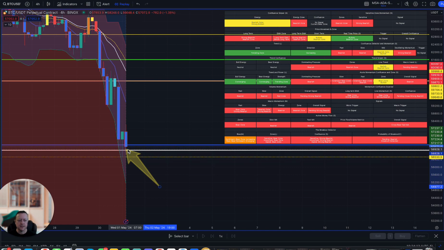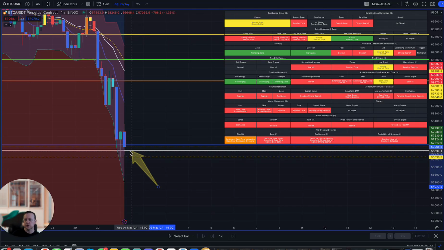Do I think that Bitcoin's going to go down to 49 or whatever the case is? And is it worth it to be a part of that, to get out of my Bitcoin or to short it, based on the asymmetry? A lot of people don't do things around asymmetry, but once you find how to use it, and once you have statistical probability that helps you with it, I think it helps a lot.